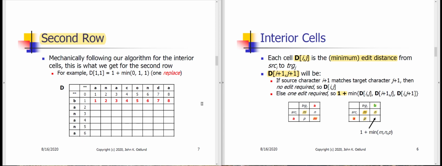the second row. Now, in the second row, we're comparing a prefix of the source consisting just of the character B with increasingly long prefixes of the target anaconda. And you'll notice that to get our prefix B to match an empty string, we had to do a deletion.